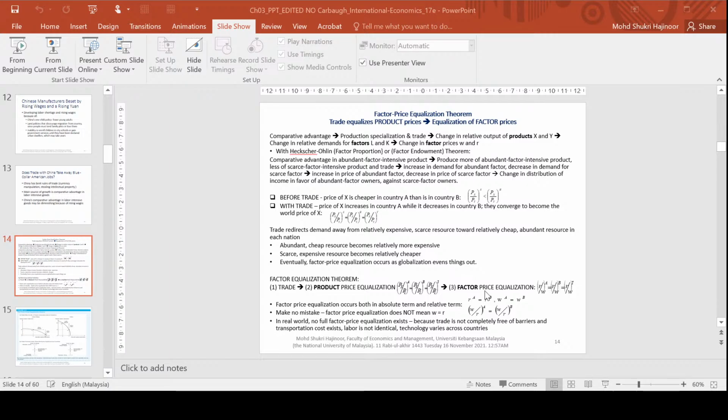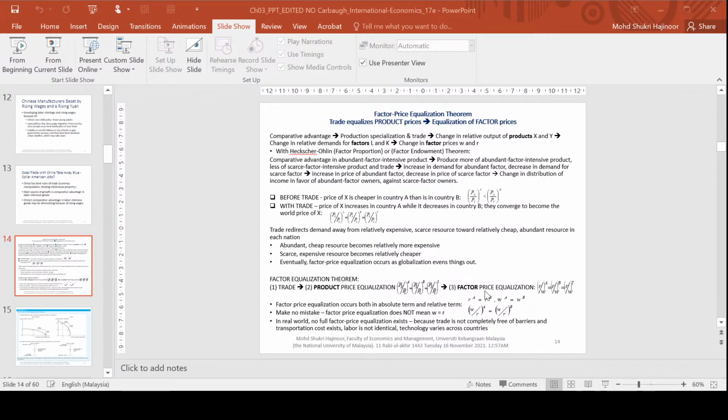So now, what is the magnification effect? As explained by Stolper-Samuelson, not only do product prices flow to the factor prices, that's half the story.